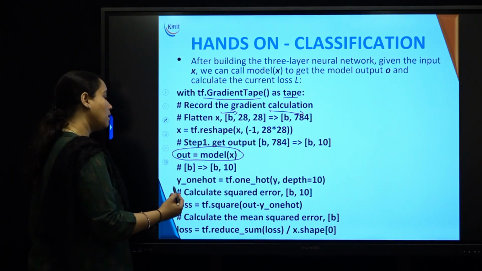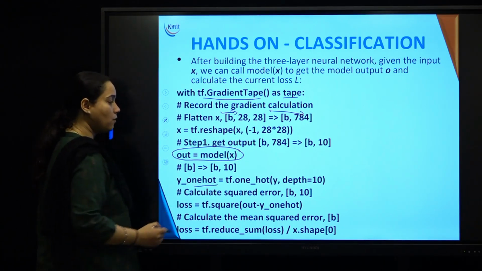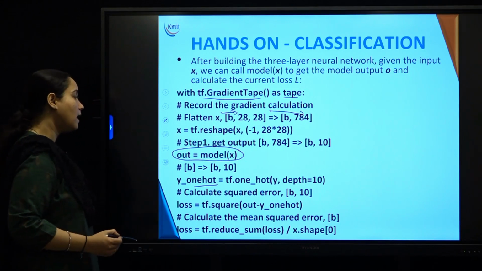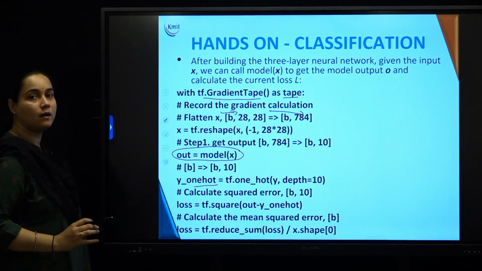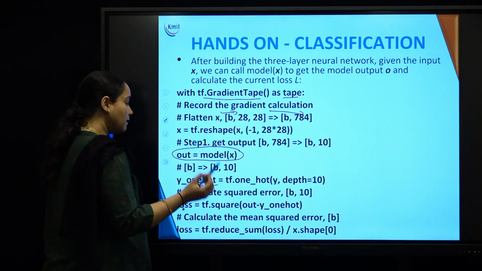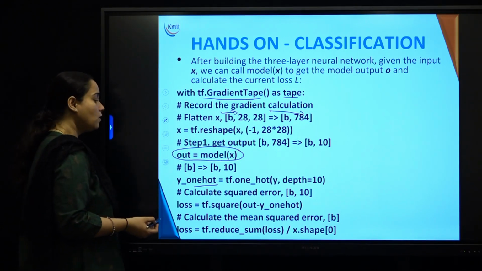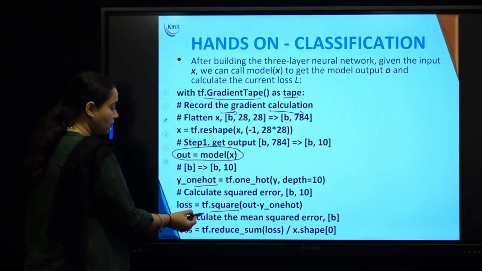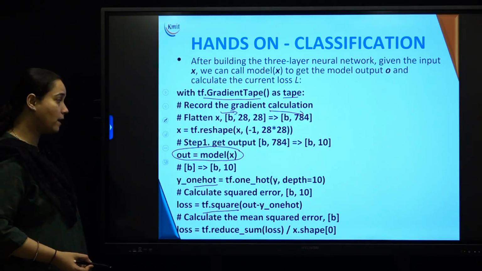Once I get my output, I should also have the labels accordingly, right. So what I am going to do here is use one hot encoding, and I would be calculating the one hot encoded labels of my output, and then I calculate the error function, the same loss function. So you can see here there is an inbuilt function tf.square to get me the squared error.